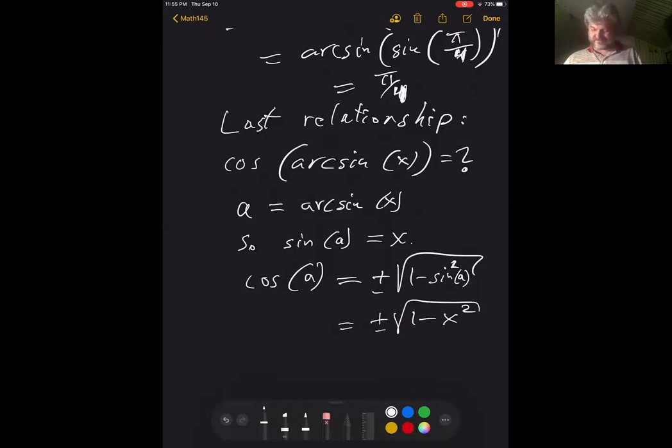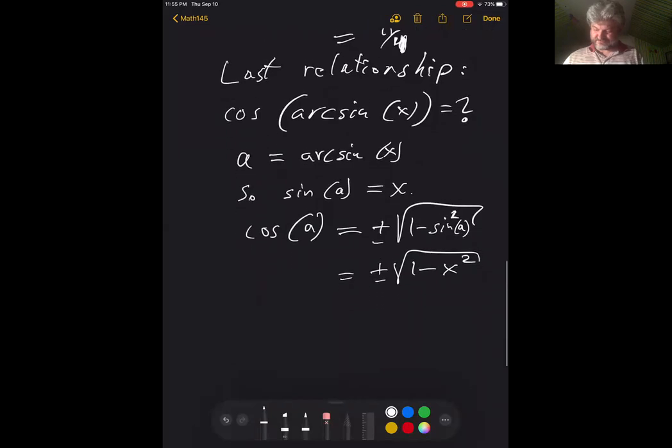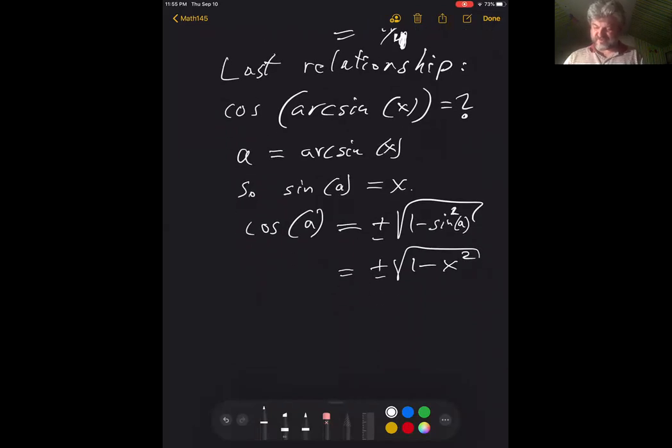Isn't that amazing? We have calculated cosine of arcsine of x, and we come up with a function that is perfectly well known. No need for any of those fancy new function buttons on your calculator if you have a square root button.